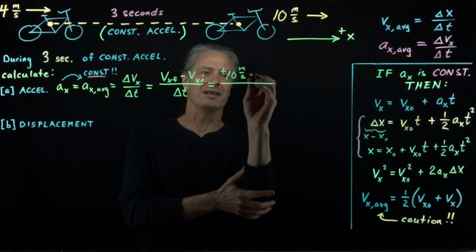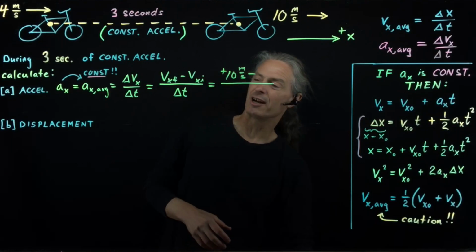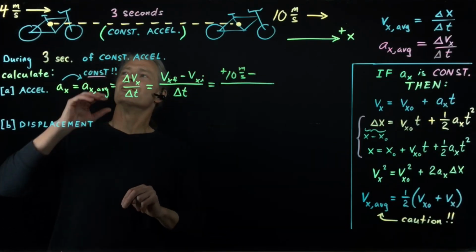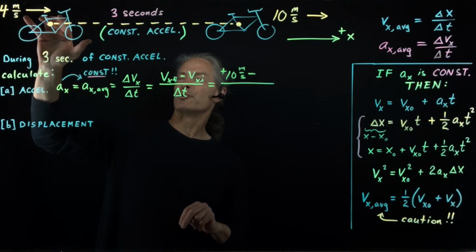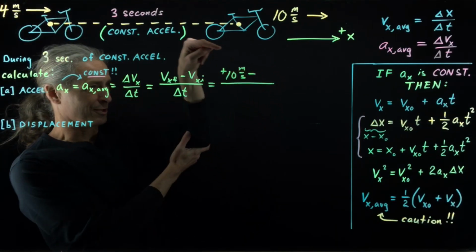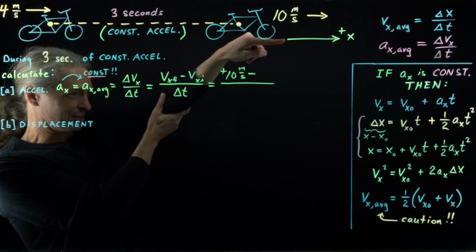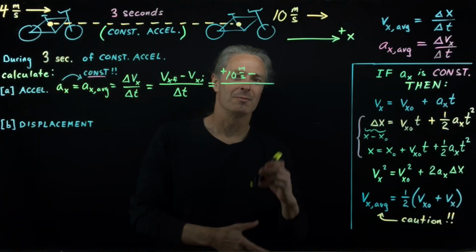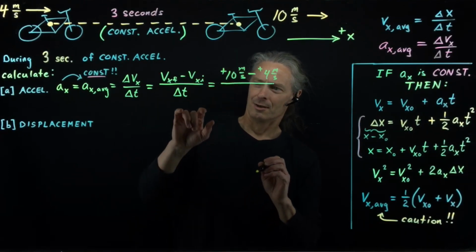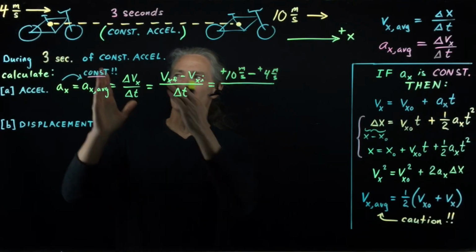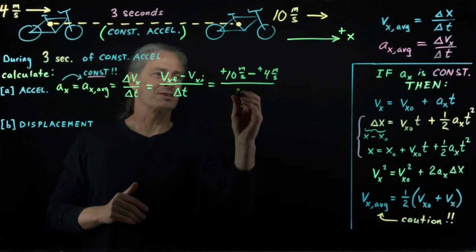Now I have a minus sign here because I'm taking a difference, I'm subtracting. The initial x component of the velocity is 4 meters per second, because 4 meters per second to the right in a coordinate system where to the right is the positive x direction would go in as positive 4 meters per second. The delta t, that's the time interval during which this has taken place. That's 3 seconds.